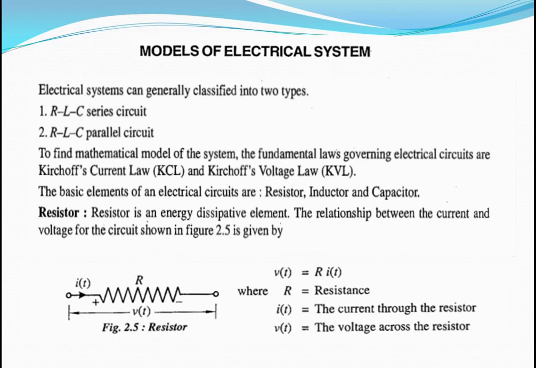Drawing the equivalent mechanical system from the existing mechanical system, I have explained 3 problems in the online class, and I have also posted 4 solved problems on equivalent mechanical systems in your Google Classroom. That is, how to convert a mechanical system into an equivalent mechanical system using the nodal method, and then we can write equations, one at each node.